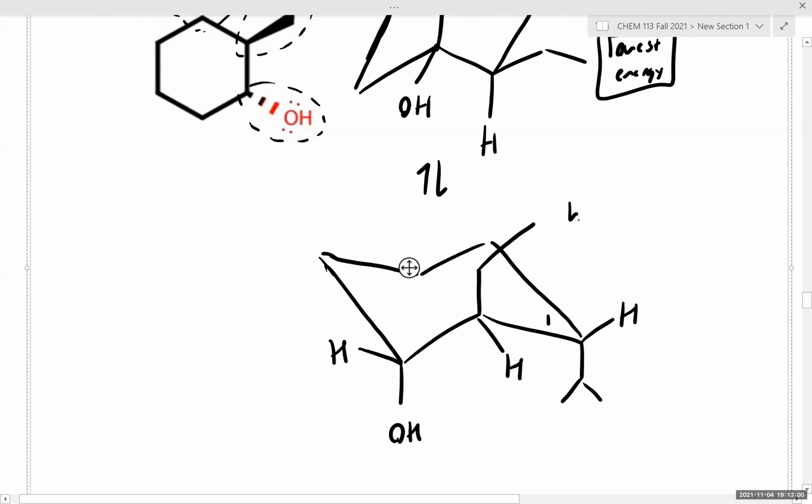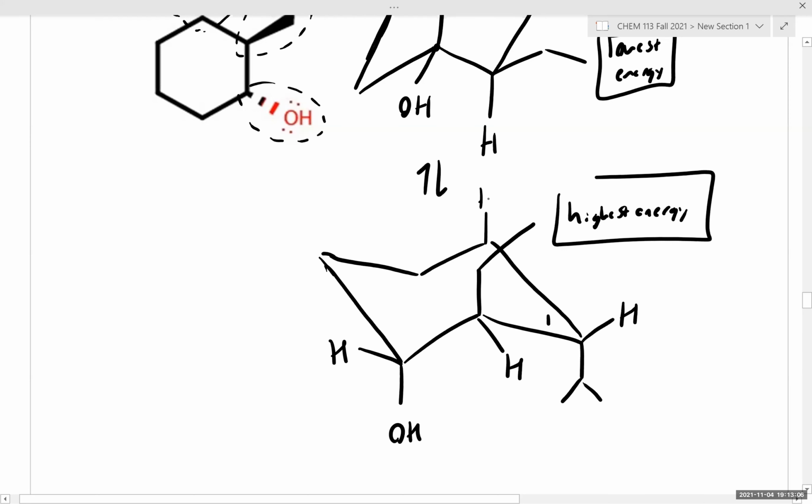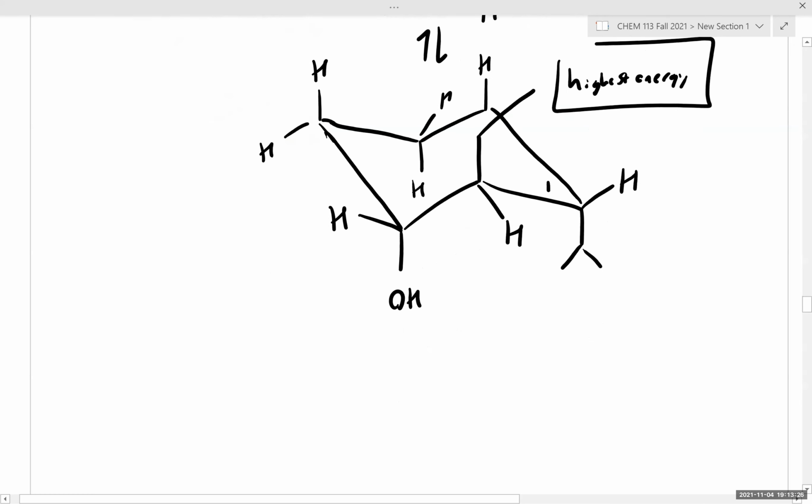The second conformation is our highest energy conformation, as it has a range of highly destabilizing diaxial interactions. Does this example make sense to everyone? Yes. Perfect.